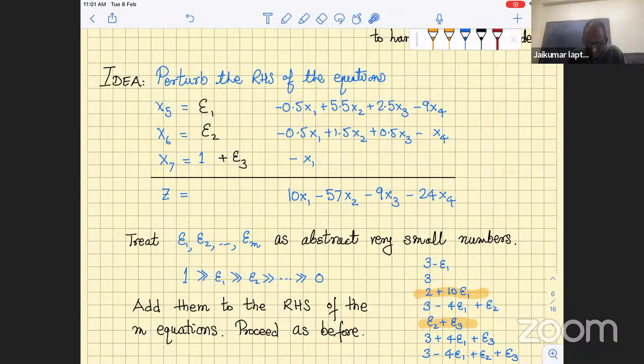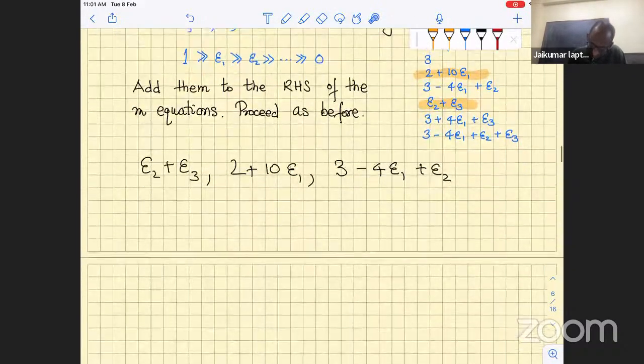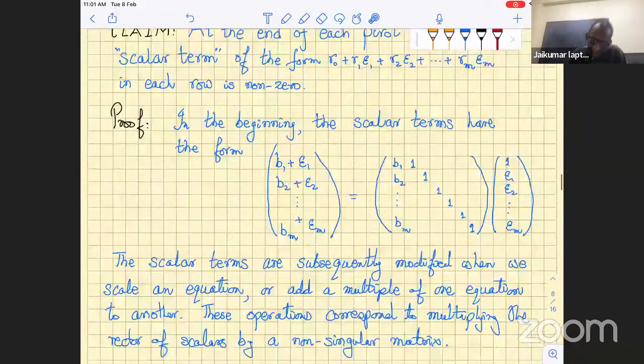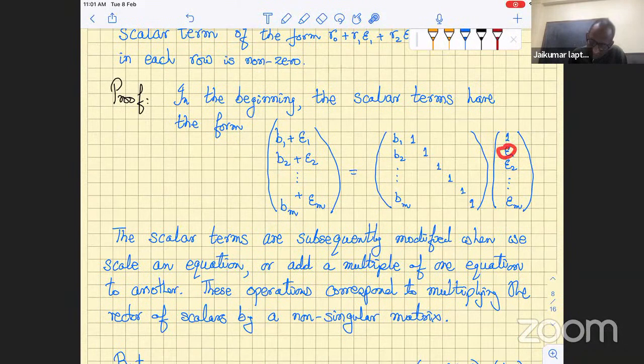In the final argument that we make here, treating them as independent variables becomes a little tricky. So it is better to keep them completely independent. But even with epsilon squared, if you say that the monomials epsilon1, epsilon2, epsilon3, etc. are linearly independent monomials, which is how we think about them in algebra, then we are fine.